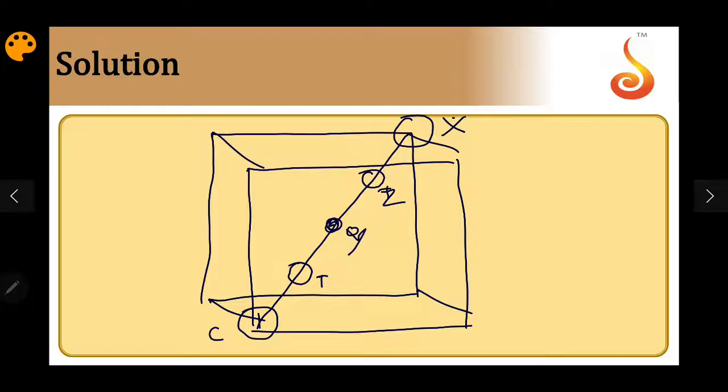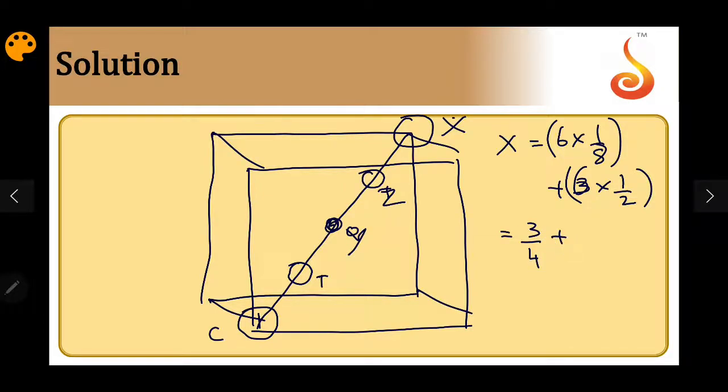So if I remove like that, what is X now? Out of 8 corners, 6 will remain, so 6 into 1 by 8, but the face centers will not be disturbed, so 3 into 6 into half. So 6 by 8, that is 3 by 4, plus 3, so it's going to be 15 by 4.